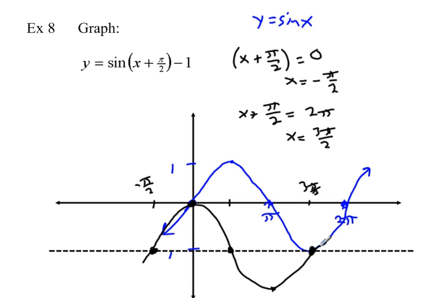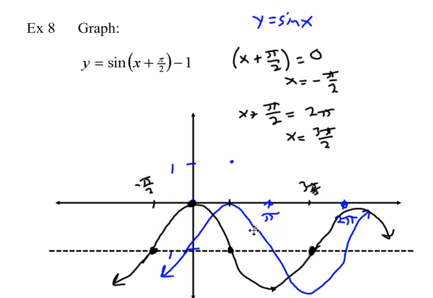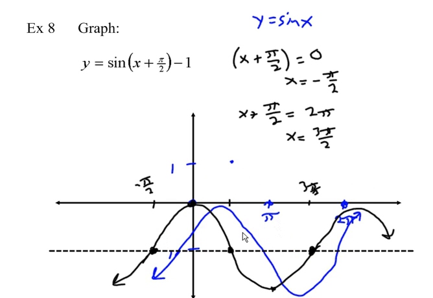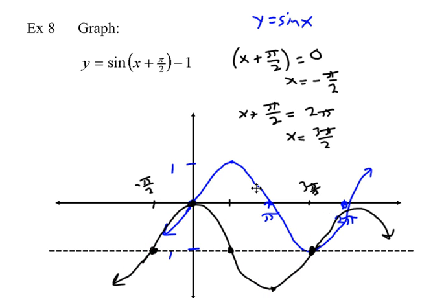Here it's going to start to repeat, and actually we could keep going on, and this will go on and on in the other direction as well. So really, the minus 1 allowed us to take our original graph and shift it down 1. The pi over 2 in parentheses took your original graph and moved it to the left, pi over 2. So here's your original sine curve. Our new one is in black.